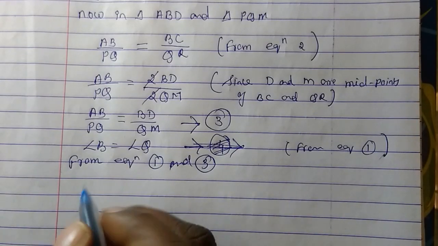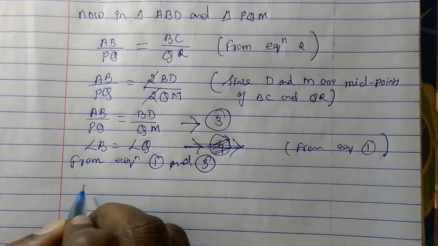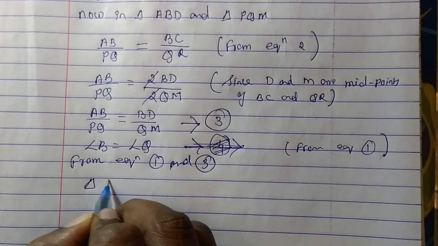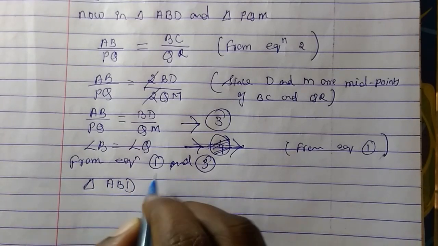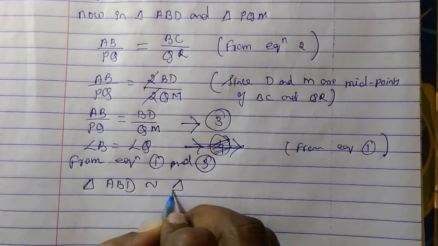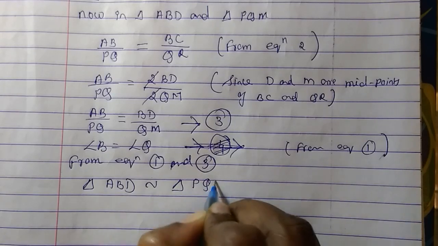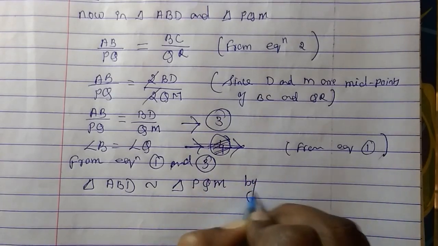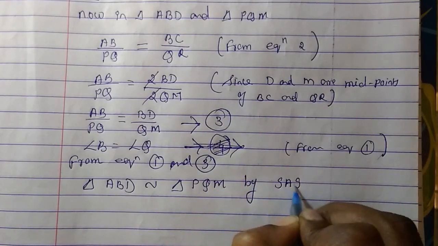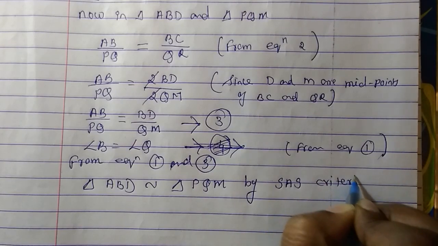So from equation 1 and 3 we can say that triangle ABD is similar to triangle PQM by side angle side criteria.